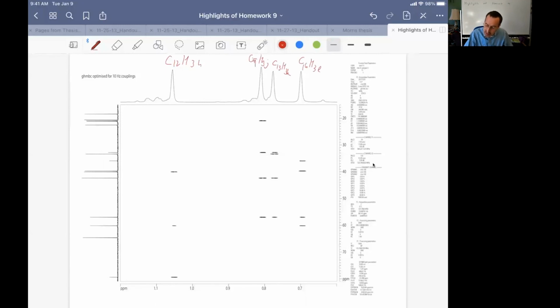And look how nice it is with 1024 scans in the 1024 increments in the F1 dimension. So they're really, really sharp.